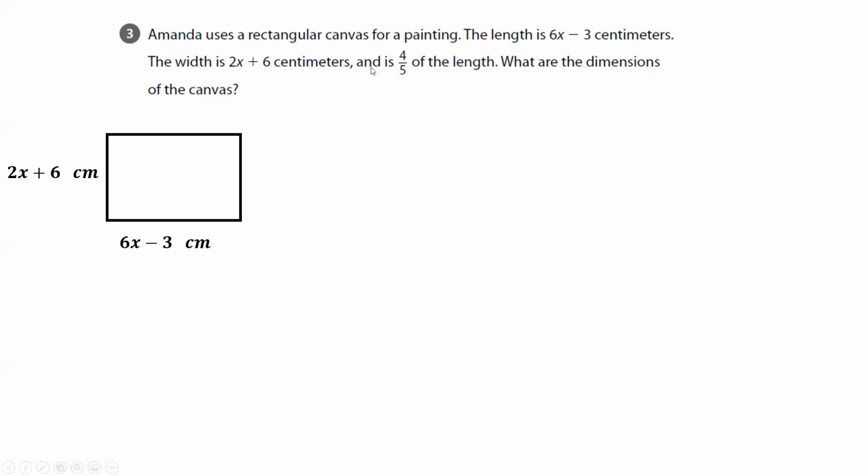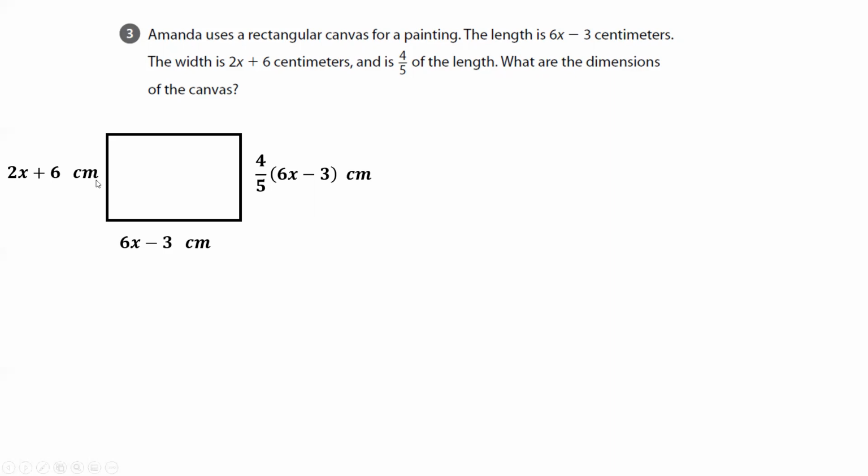It also tells us the width is 4/5 of the length. So they tell us the width is 2x plus 6, or you can write it as 4/5 of our length, which was 6x minus 3. What are the dimensions of the canvas? They're asking you to find the length and the width. Well, you're going to notice something.